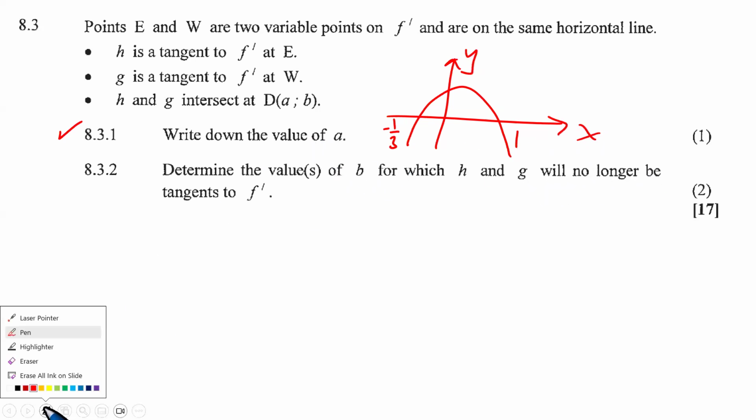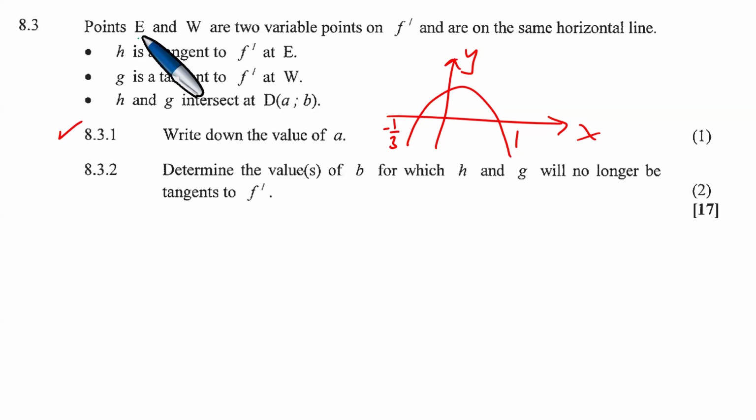So the examiner is narrating a story. They're saying points E and W are two variable points, so they are movable points on F prime and are on the same horizontal line.